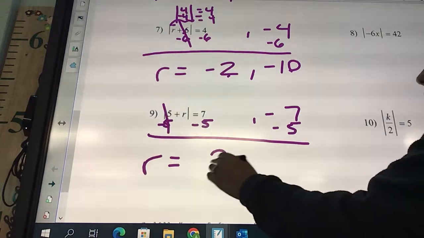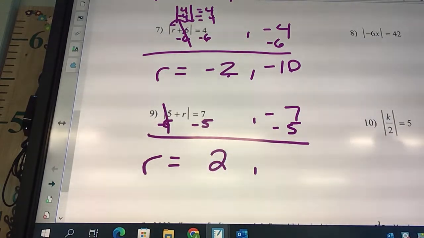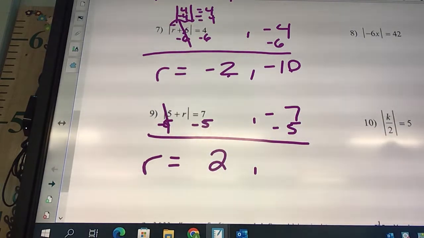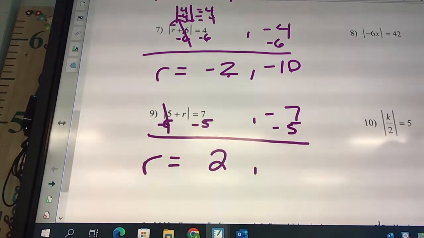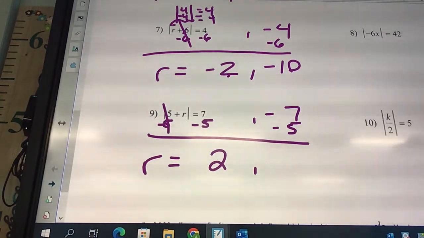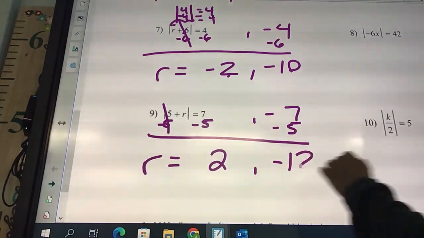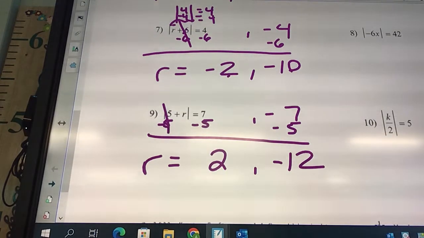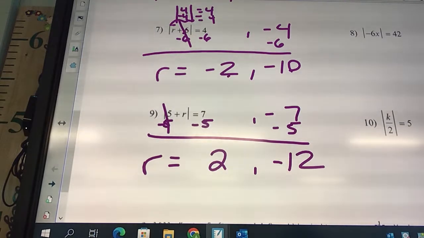Negative 7 minus 5. Negative 12, right? Negative 12. Because we're dealing with so many negatives, use the calculator. It takes you 2 seconds. Otherwise you're gonna get the whole thing wrong.